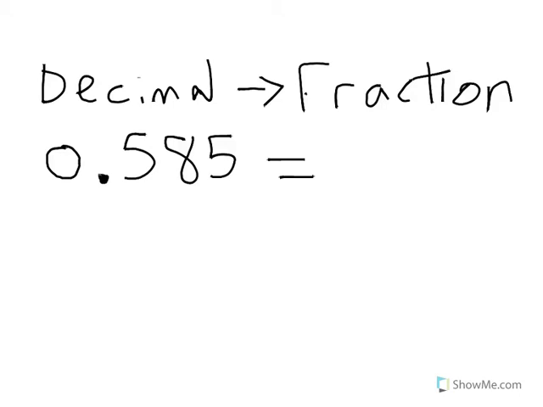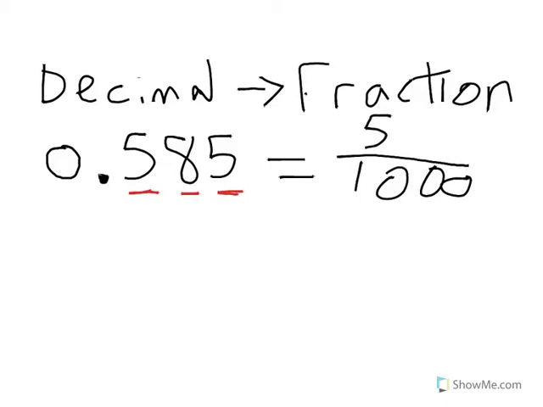Remember, the first place is the tenths, then we have hundredths, then we have thousandths. This is actually a fraction over 1,000, right? There's a 0 for every decimal place. So we have 1,000, and this is 585 over 1,000. Okay, and now it's just a matter of putting this in lowest terms.